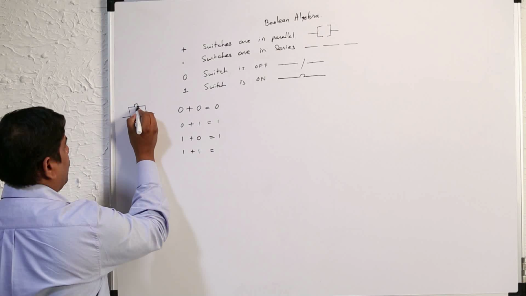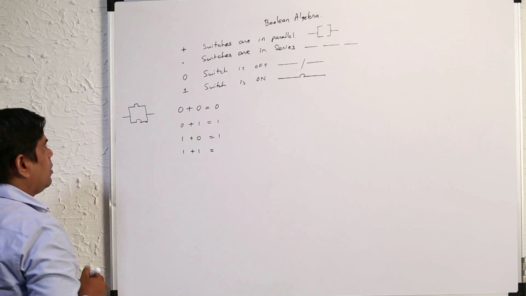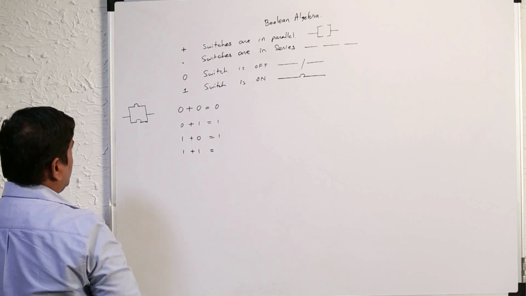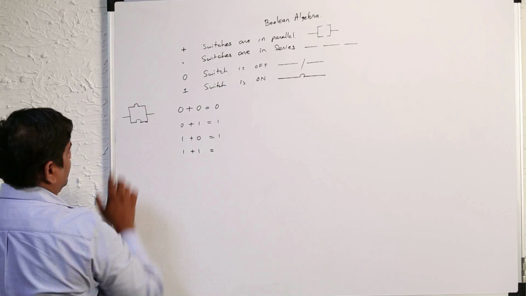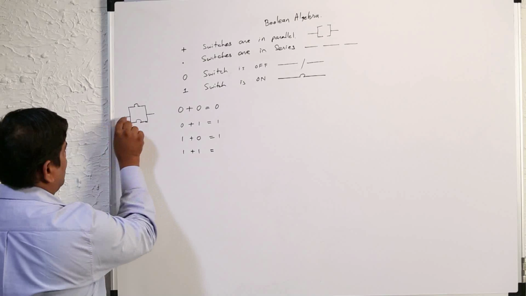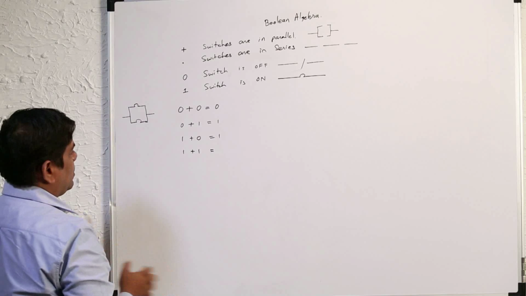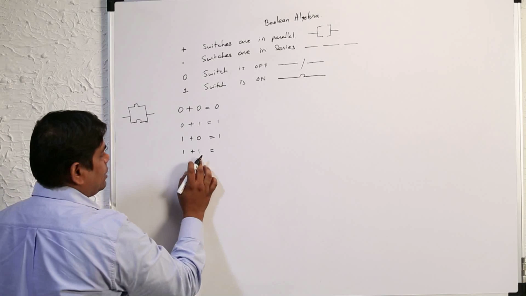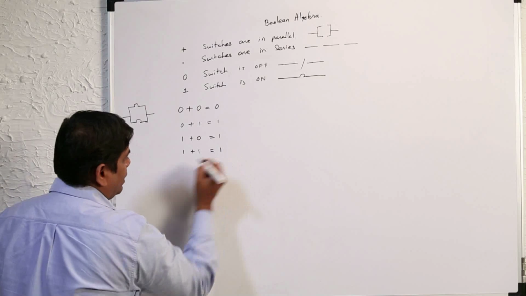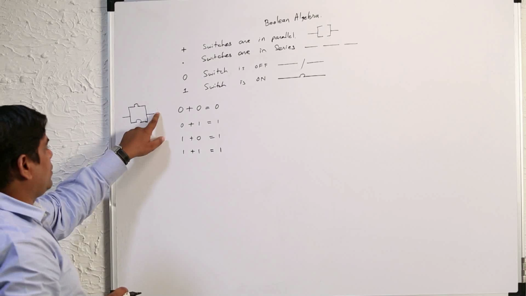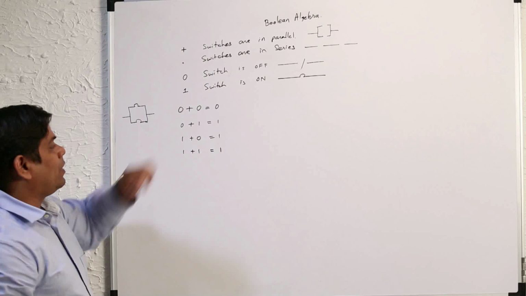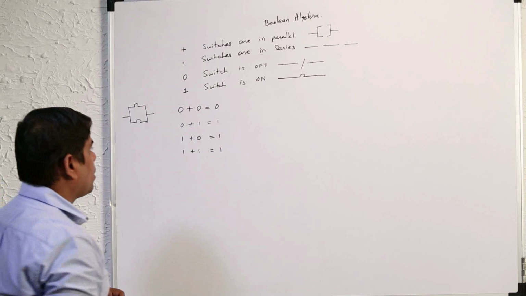Now suppose we have on switch connected to on switch. If you supply current here, it's going to reach here, because of the Kirchhoff's law of current addition and subtraction. So 1 plus 1 is not going to be 2, it's going to be 1 itself, because current is reaching, and whenever current supplies, you write switch as on switch.